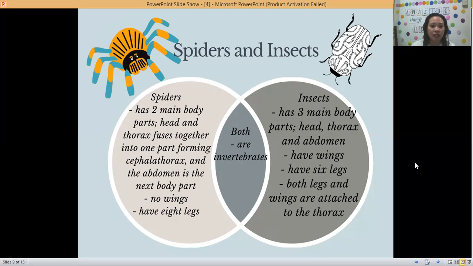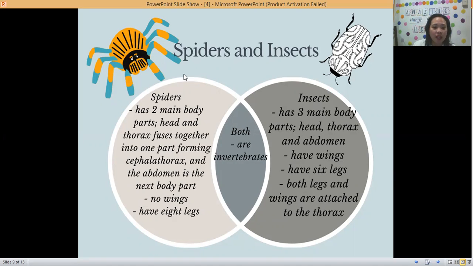So the spiders' head and thorax fuse together into one part, forming the cephalothorax. The second main part of their body is the abdomen. While insects have head, thorax, and abdomen.